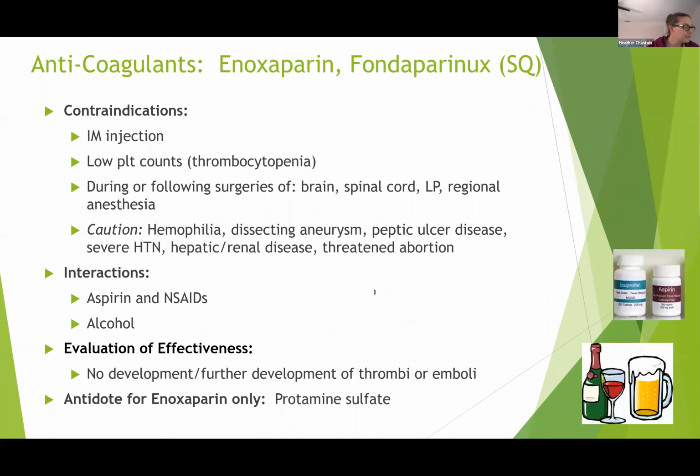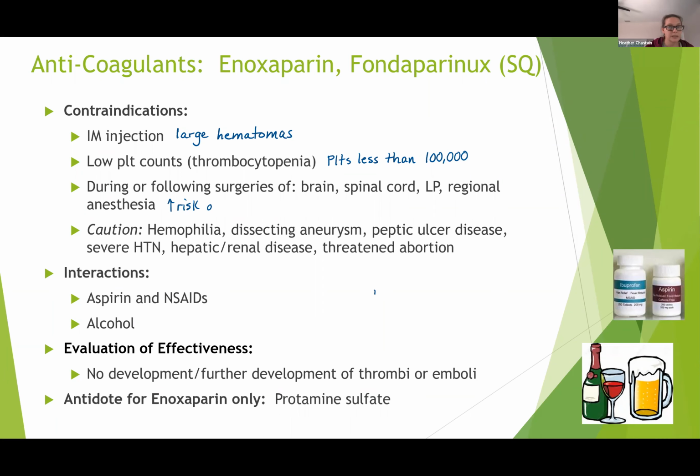So contraindications: IM injection. Again, just like with heparin, if you give it IM, it's going to cause a large hematoma, so we don't want to do that. If they already have low platelet counts, thrombocytopenia, which again is platelets less than 100,000. We don't want to give it during or following surgeries of the brain, spinal cord, LP, or regional anesthesia, again, because it can cause bleeding within that space.